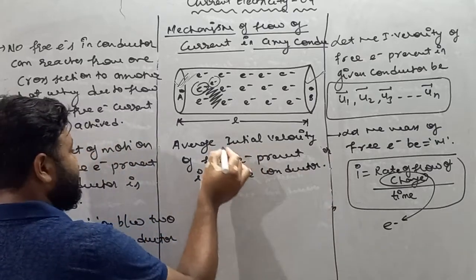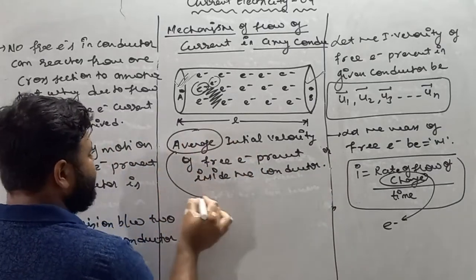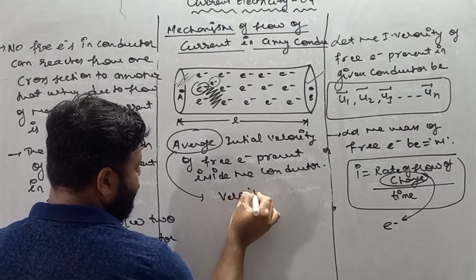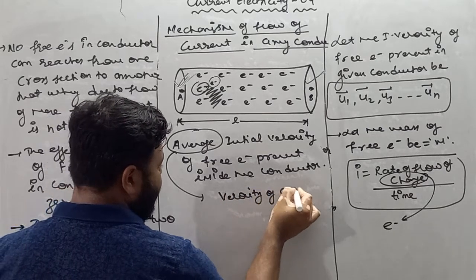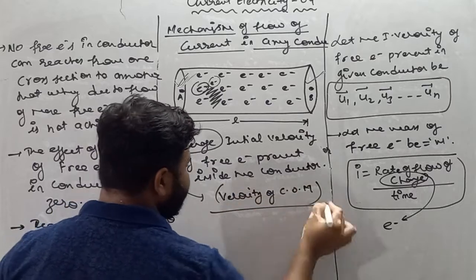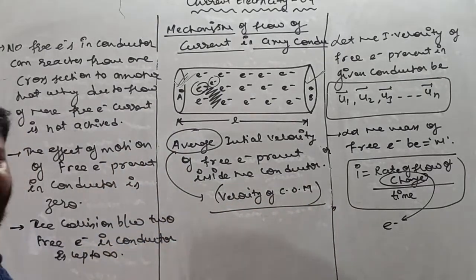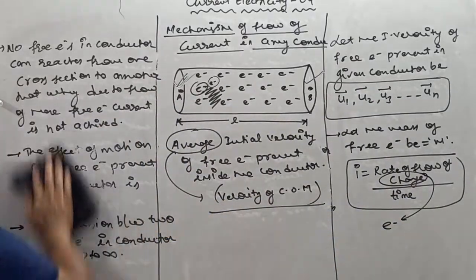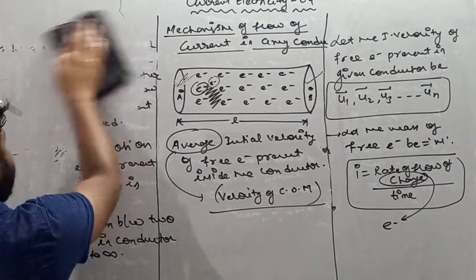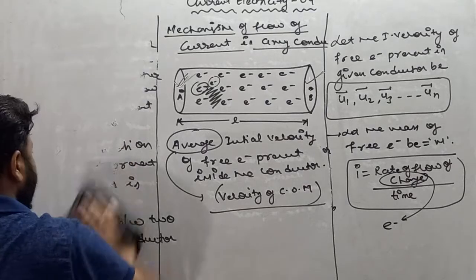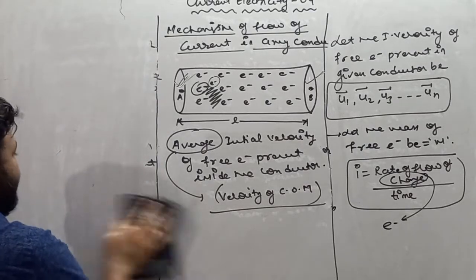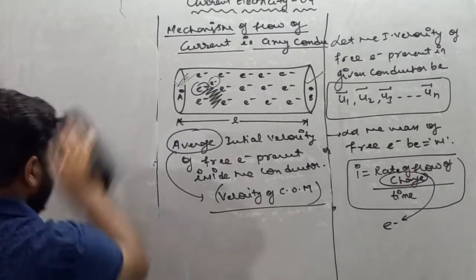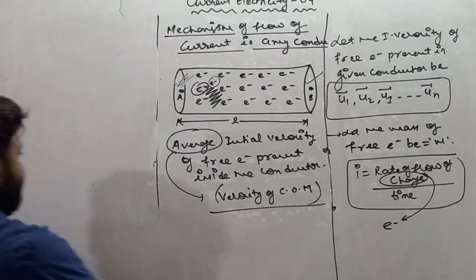Average velocity, average means, my dear student, center of mass, the velocity of center of mass. Remember, average means nothing but the velocity of center of mass. And in class eleven, you already discussed the velocity of center of mass. Finding the average or finding the velocity of center of mass, both things are the same.